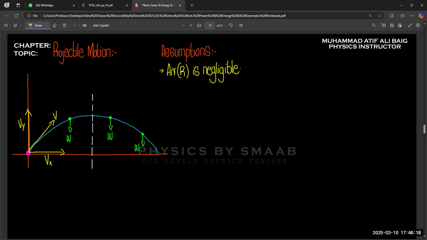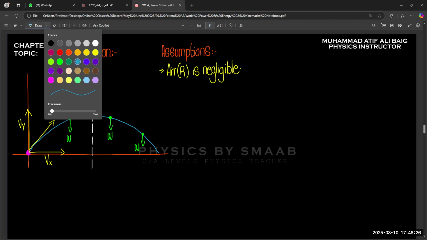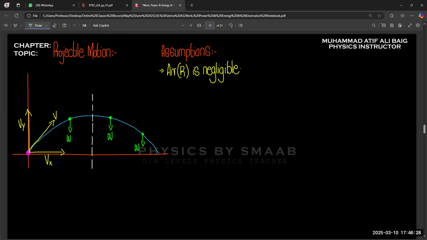With this idea of no air resistance, we can say the sum of all forces acting on the x-axis is equal to 0. Because normally in our daily life, for example, when we are running or driving a car, air resistance is always in the opposite direction. But when there is no air resistance, there is no opposite force acting on our body.